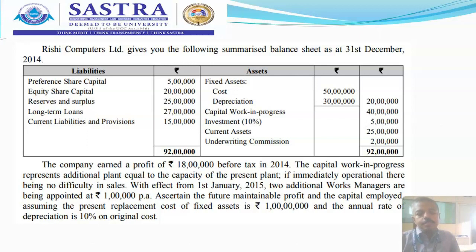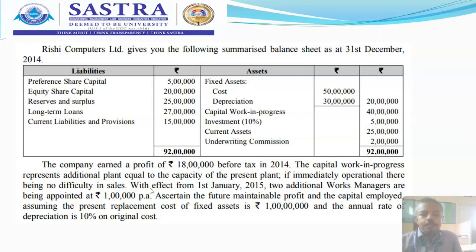So with this brief explanation of this question, let me proceed to how to calculate the goodwill under different methods. We will learn together how to calculate goodwill under different methods.